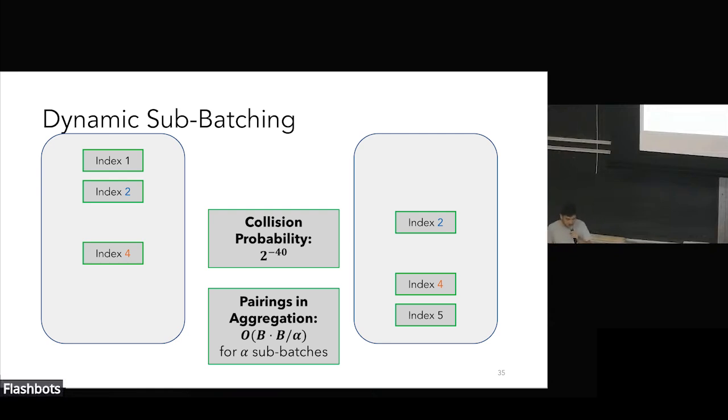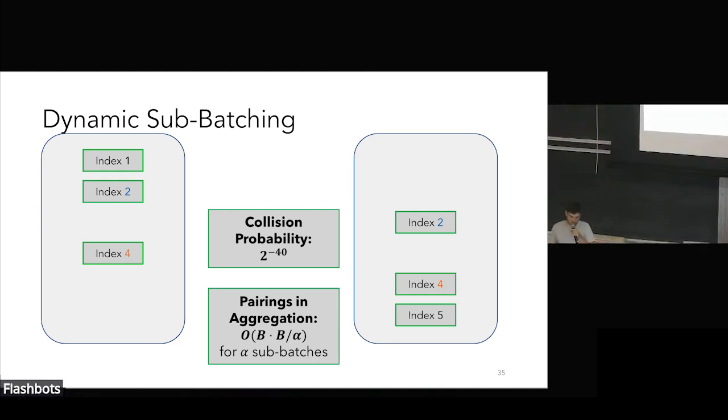So now the transactions with index 2 are in 2 different sub-batches, and the transactions with index 4 are also in 2 different sub-batches. And all of the committee members now just release decryption keys for every single sub-batch at the same time. So we have some minor communication overhead now, but we are now able to deal with these collisions.